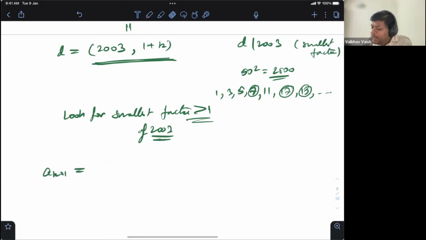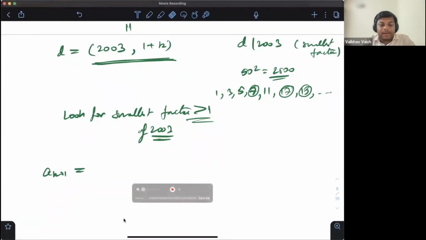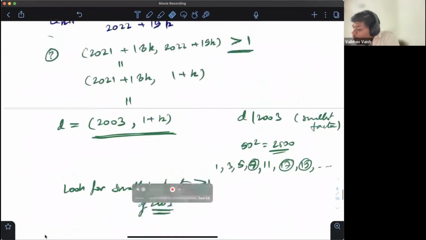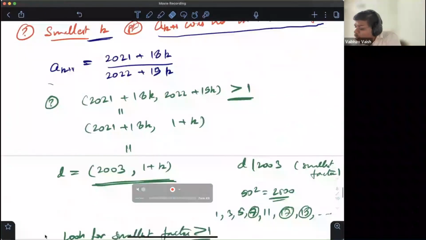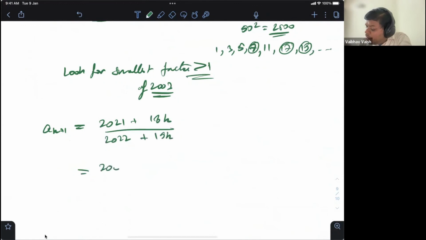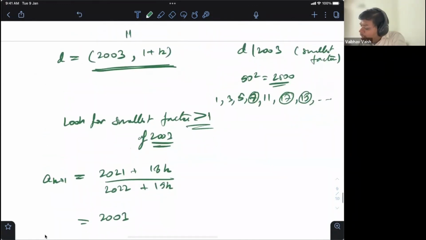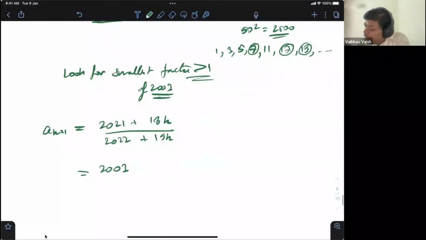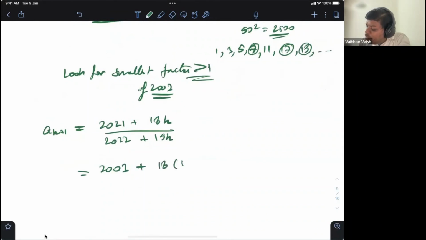Okay. So then A_{K+1} will become, what will it become? Just a minute. We have to go up. So it is (2021 plus 18K) by (2022 plus 19K). So this is 2003 plus 18 times (1 plus K), and this is 2003 plus 19 times (1 plus K).